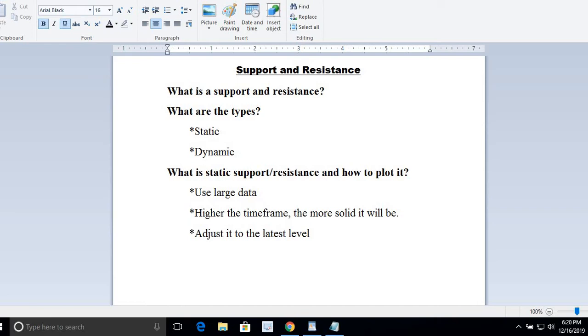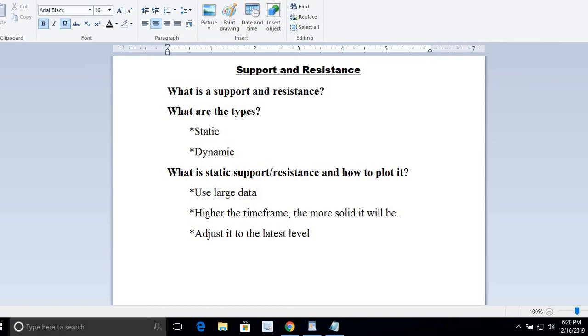So to avoid those, I would suggest to use the larger time frame, higher time frame, like daily or even hourly is also fine. Maybe that hourly you can use for identifying the trend reversal and other chart patterns. As far as possible, stick to daily time frame and above for plotting the support and resistance.